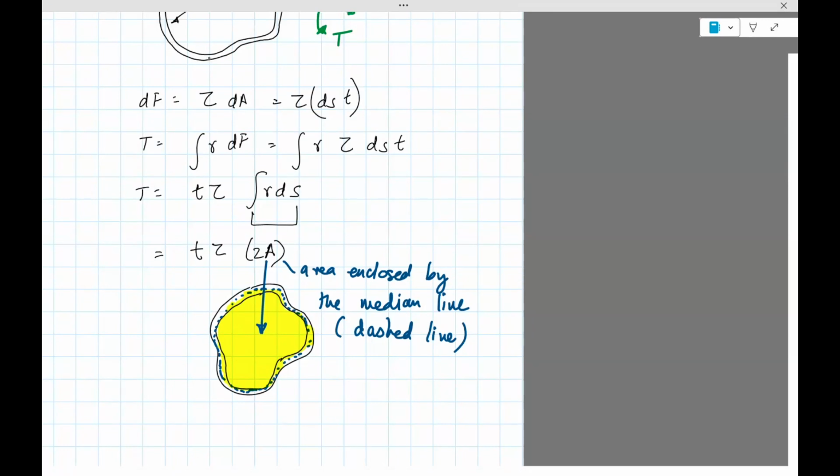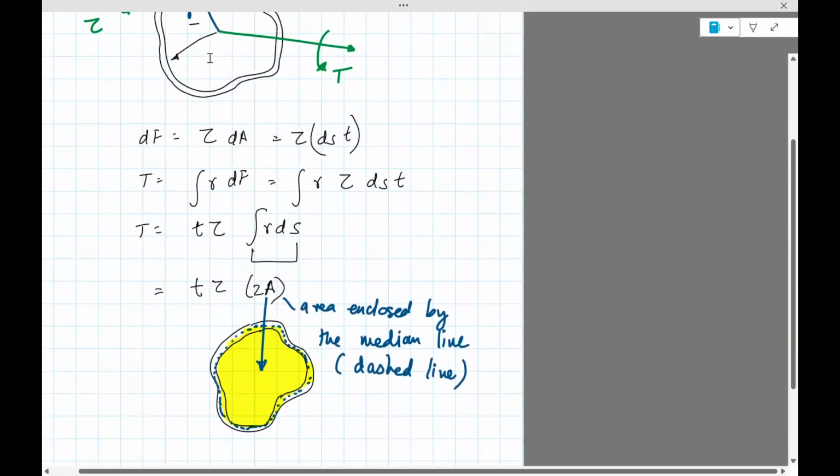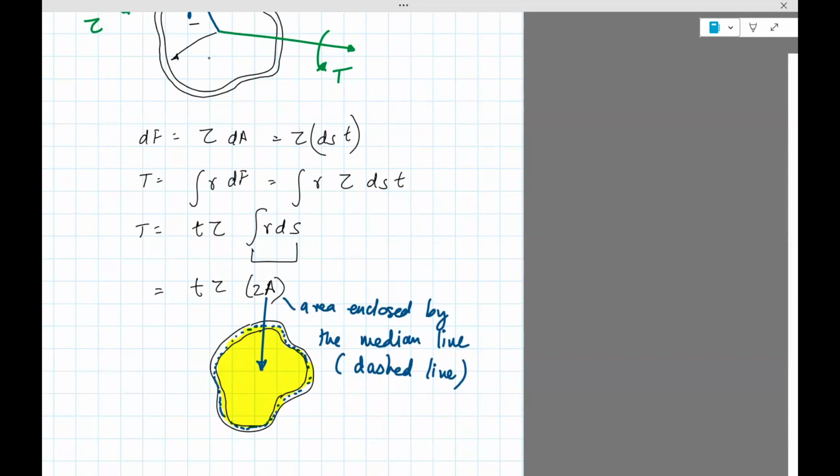Now the question is, why is there a 2 coming? Why is it not just A? We can figure this out in this fashion.